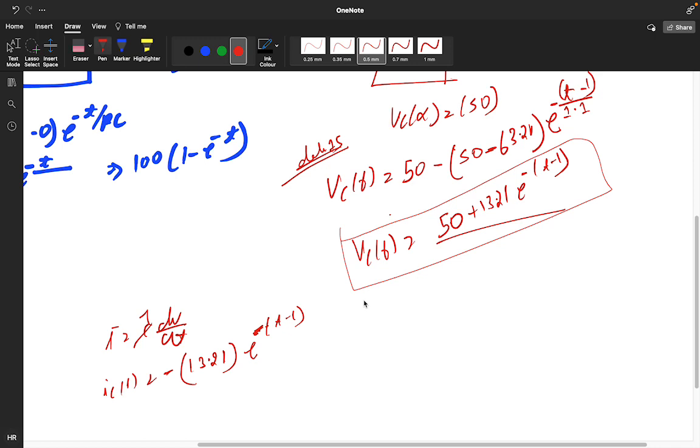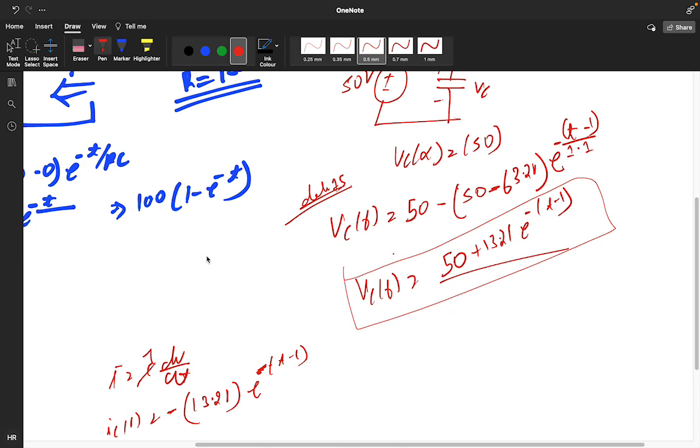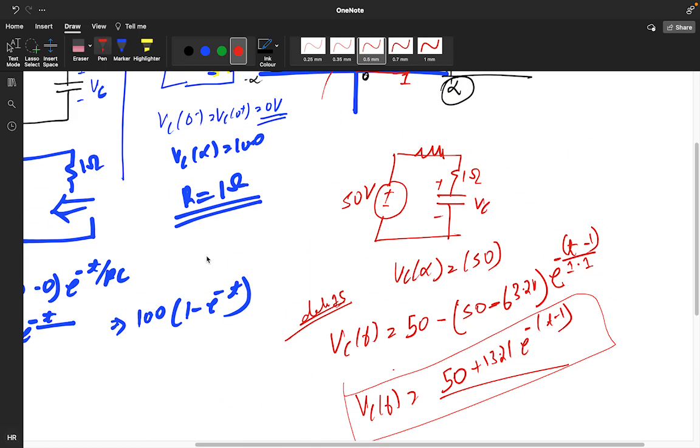So this is the current that you will get, IC of 1. And the capacitor value was 1 farad only, no?